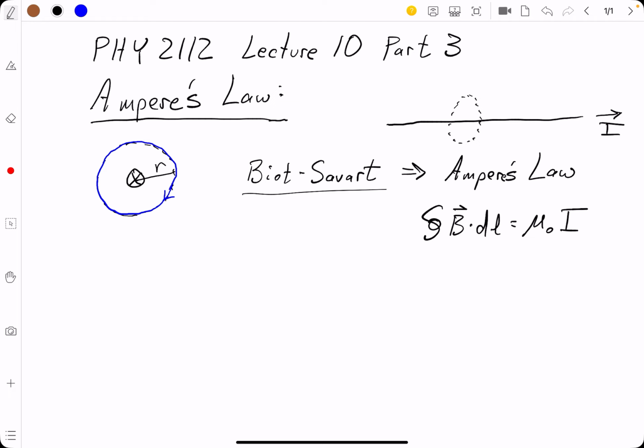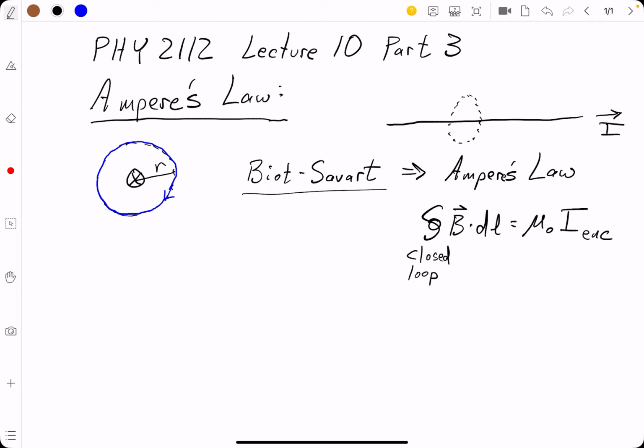This means we're going to choose a closed loop about some area, and right now, currently, our area has a current enclosed. And since it does have a current enclosed, we'll end up with a magnetic field.